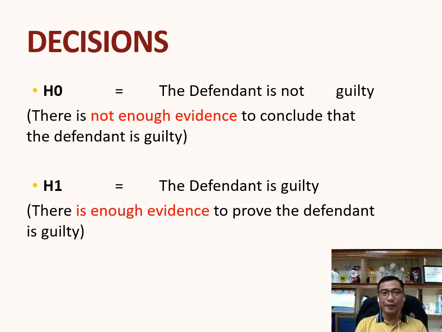Basically, you are like a prosecutor trying to gather the evidence to prove and conclude that there is enough evidence to prove that the defendant is guilty. That's your main target. If you are the researcher with a question, you are actually the prosecutor. You are the one trying to collect the data so that you could reject the null hypothesis. Therefore, you could say that the defendant is guilty.